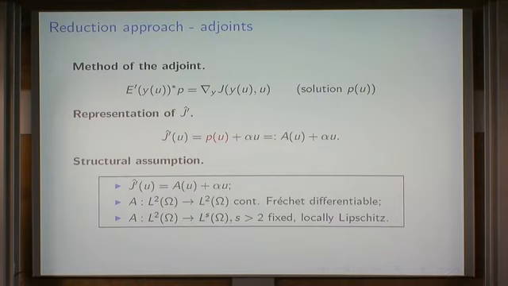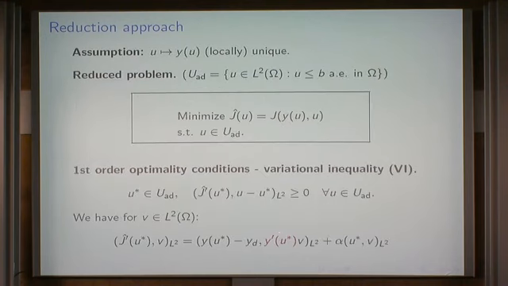Then the derivative of the reduced objective can be written as P of u plus alpha u. The alpha u comes from the obvious term, which is the quadratic cost term, and the P of u comes from replacing this y prime by solving the adjoint. This is a standard procedure, well known in PDE constrained optimization.